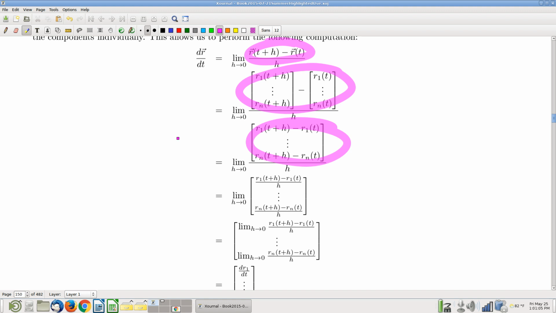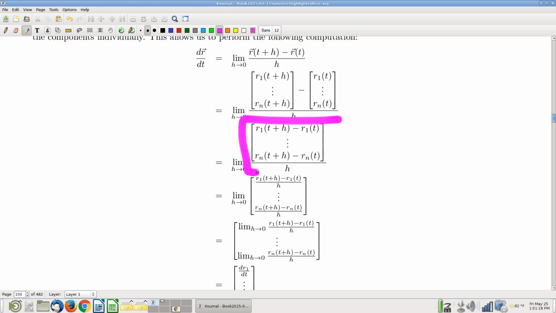So we say component-wise. We're doing the vector subtraction one coordinate at a time, one component at a time. Now, how do I divide this vector by a scalar, h? Well, we divide vectors by scalars component-wise, one coordinate at a time. That's just how you do the algebra there, right?